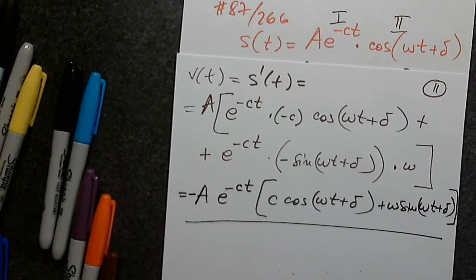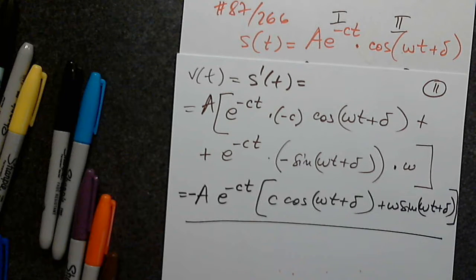Would it have been wrong if we didn't do that last step, with a negative, just pulling out all of that? No, it's not incorrect because you have to differentiate again. It doesn't really matter if you factor it or not because you have to find a of t now.